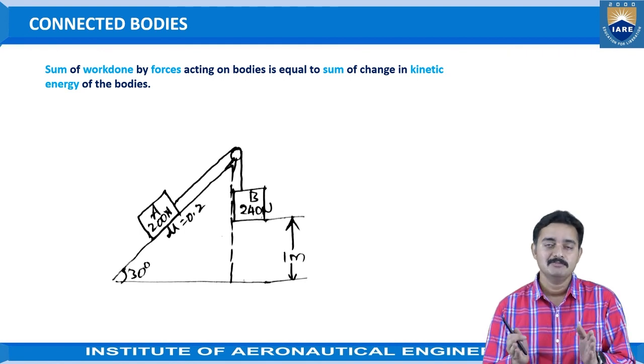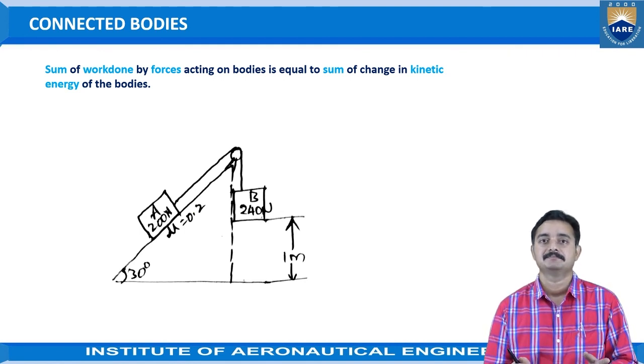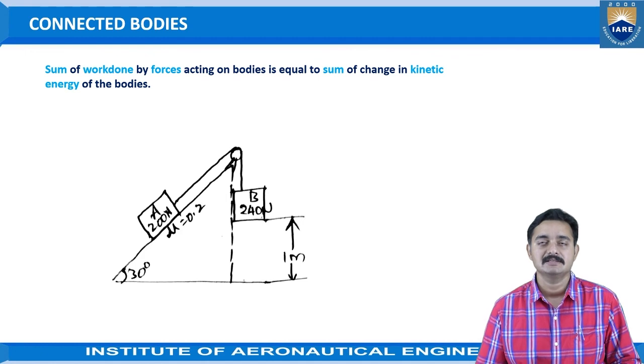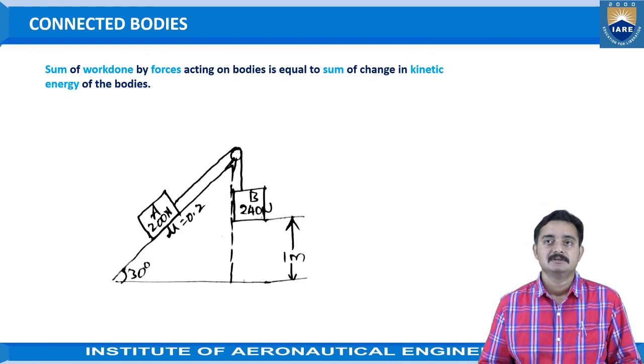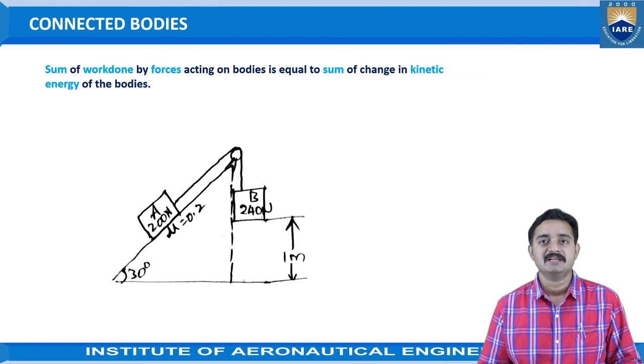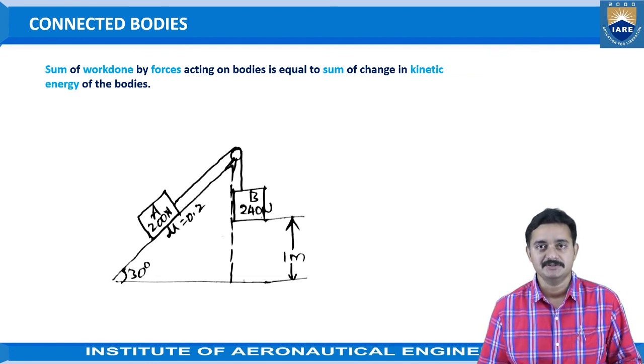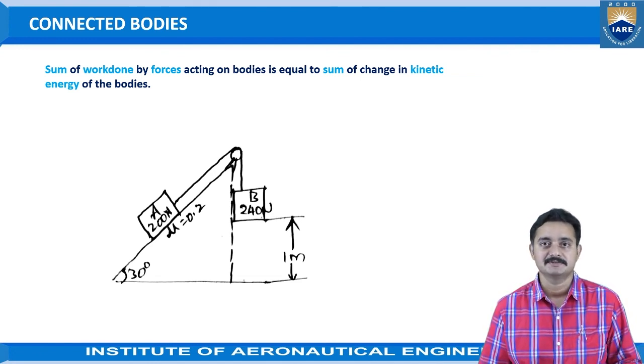Both the bodies will be combined at a time. That's how we should consider the system. So this is about the work energy equation in translation and the connected body system.